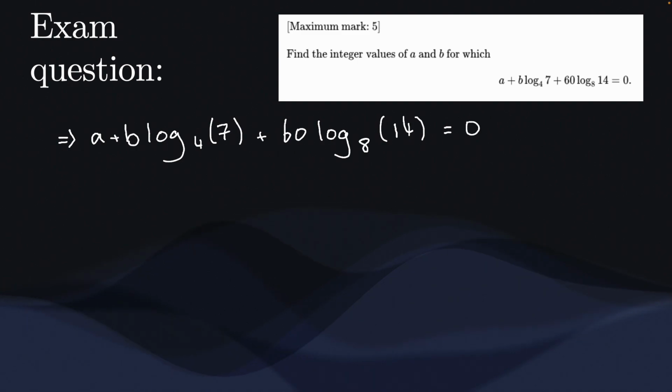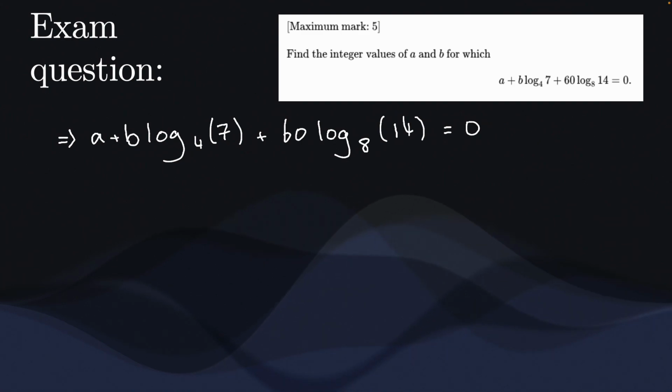Right, what is the first thing we can see? The first thing we can see is that the log bases are different, and that makes our life a lot harder. So we want to make both of them the same base. And remember, we can just use the change of base rule to make it into any common base we want.